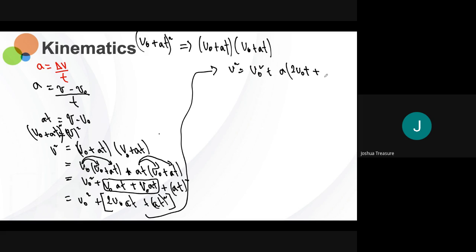And plus what? T squared. What else? Isn't there something else? Yes, sir, A. So we take out one of the A, and we have T squared here. Remember that this A was in a bracket, it's squared.